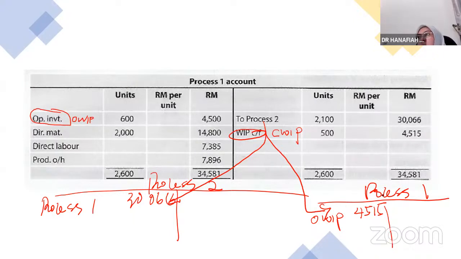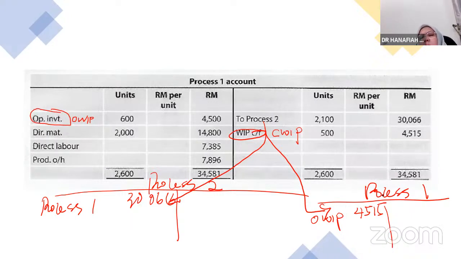It is the same as balance carried down and balance brought down in the same process. It is still in the process because we haven't completed it yet. Only completed units will be transferred.